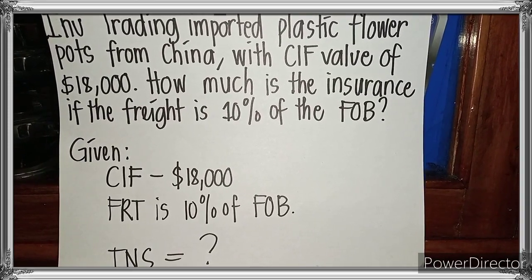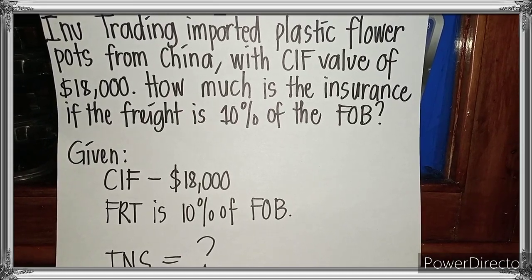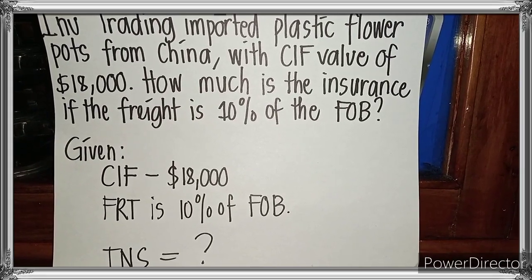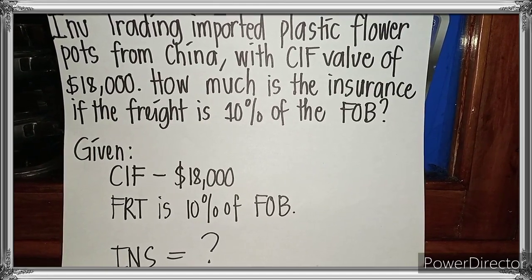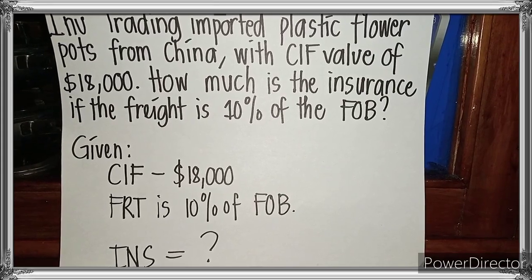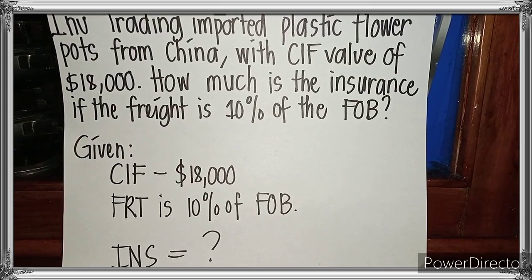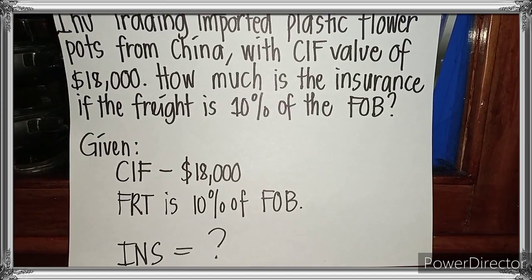And what we need to find out here is the insurance. To be able to find the FOB, we need to divide CIF by 1.12.